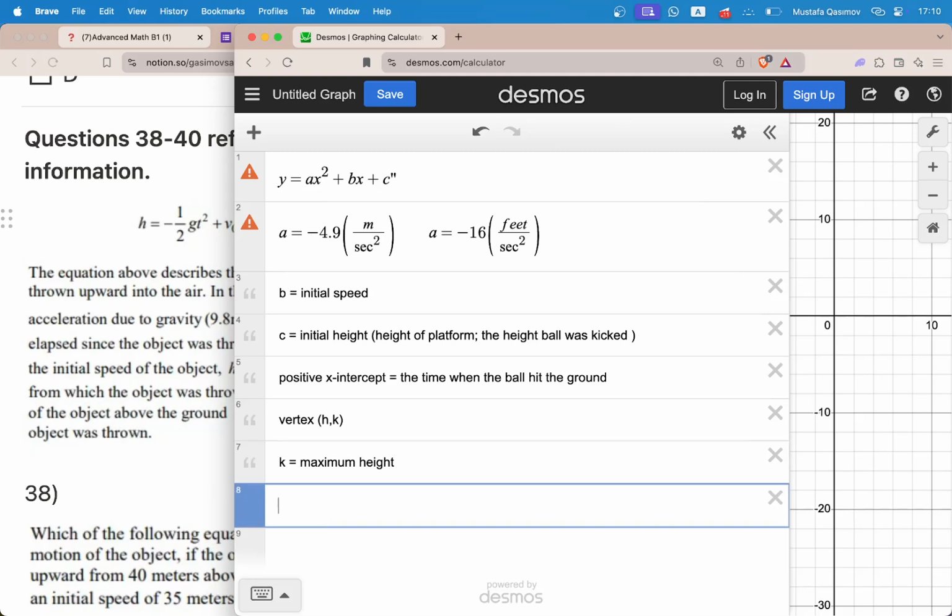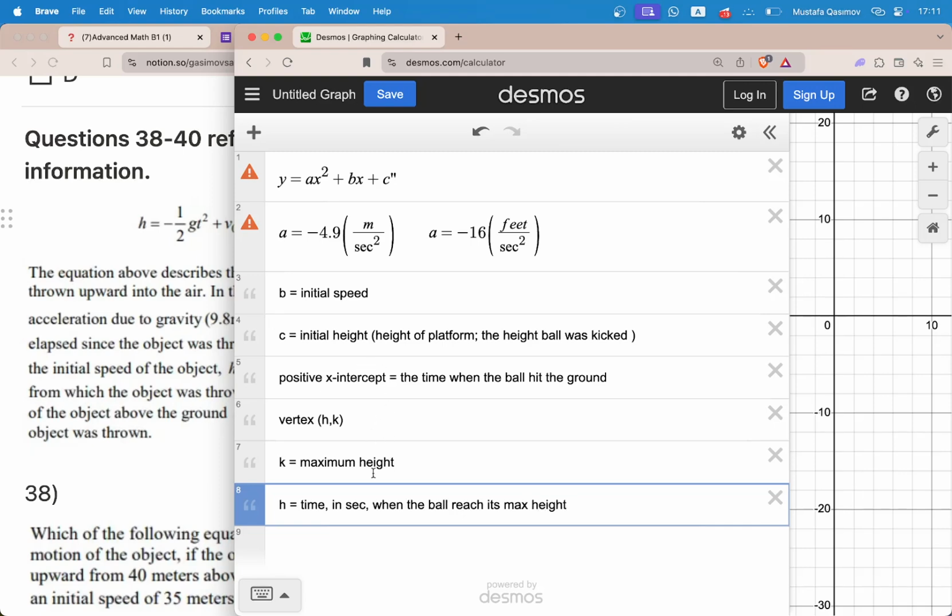And h is the time, or value of x, you can think of it like this, time in seconds when the object, let's say the ball, reaches its maximum or minimum. Sometimes it can be minimum, by the way. It is maximum height.